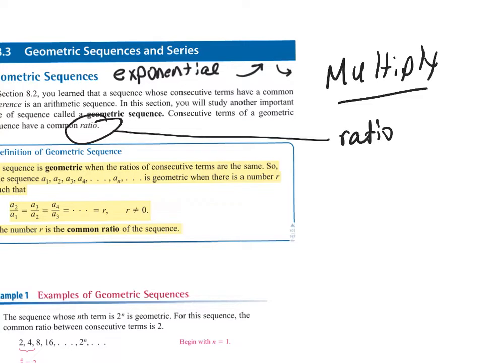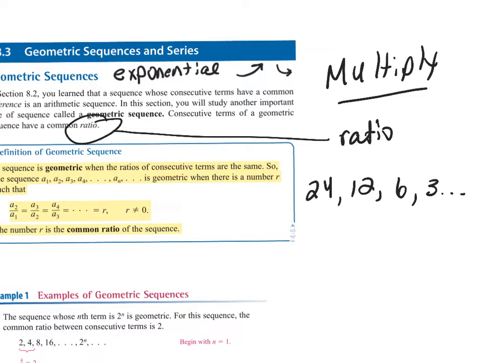When I say multiplication, I want you to understand that, because if I go from 24 to 12 to 6 to 3, and I ask, what's the common ratio? What are you multiplying by every time to get to the next number?